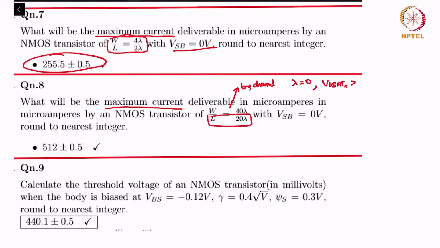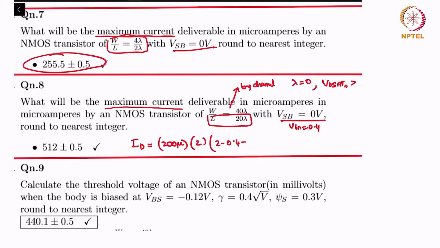Now let's find the maximum current. So this is going to be at VGS equal to VDD and VDS equal to VDD. Since VSB is 0, we know our VTN is 0.4 volt. So this means ID, which is mu Cox W by L times VGS minus VT, which is 2 minus 0.4, minus Vmin by 2, and given that VGS is equal to VDD, VGS minus VT will be less than VDS.